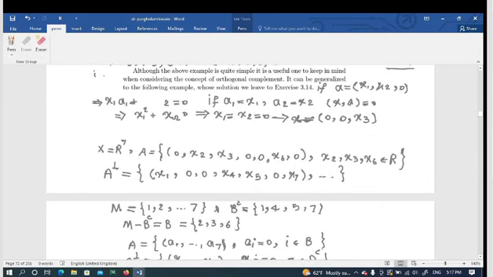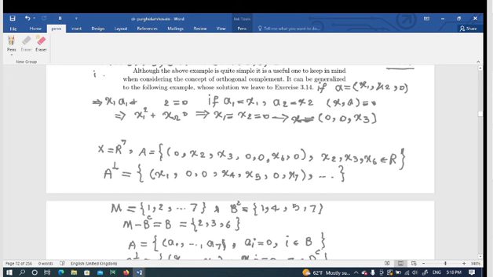If, for example, X equals R to the 7, and A is the set of 7-tuples like this, where x1 must be 0, x2, x3 arbitrary, and x4 must be 0, x5 must be 0, and x6 and x7 must be 0.